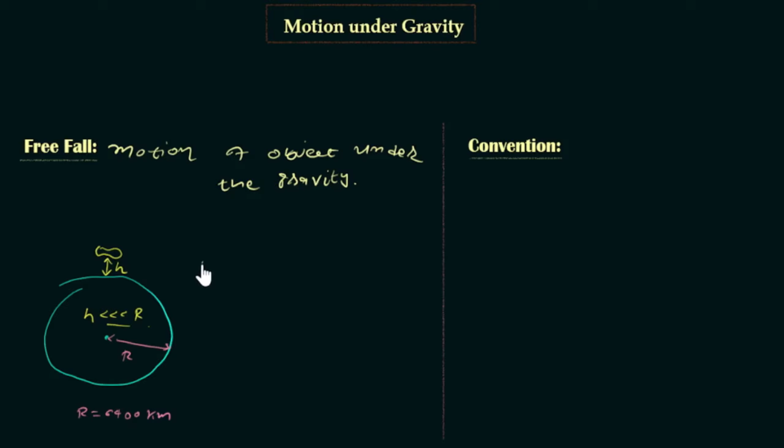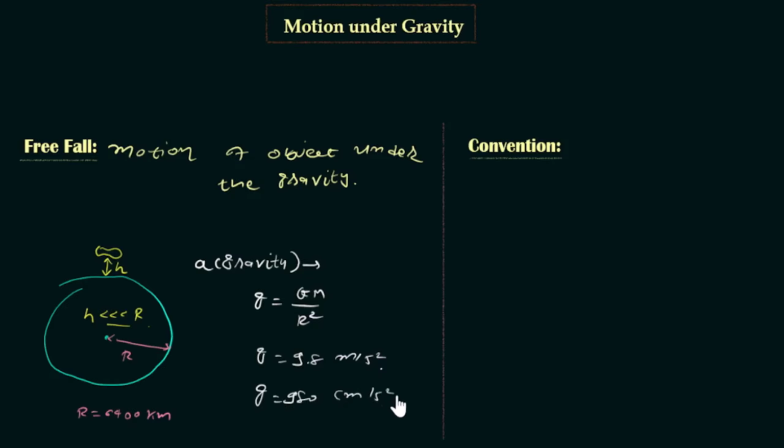The acceleration due to gravity is small g equals GM upon r squared, which is 9.8 meters per second squared, or 980 centimeters per second squared. Sometimes the value of g is taken as 10 meters per second squared, because it's nearly equal to that and is convenient for calculating numericals.